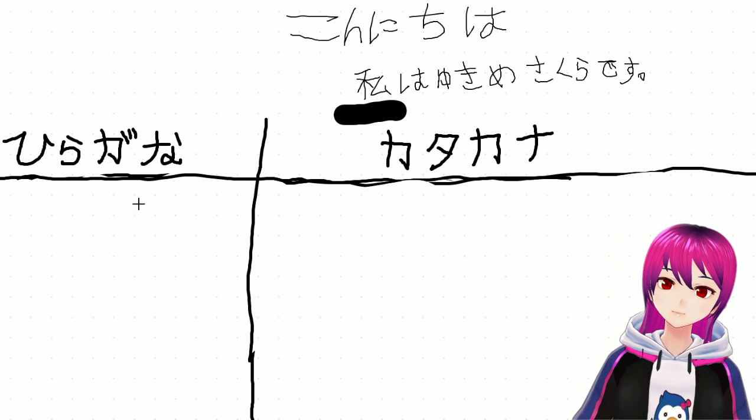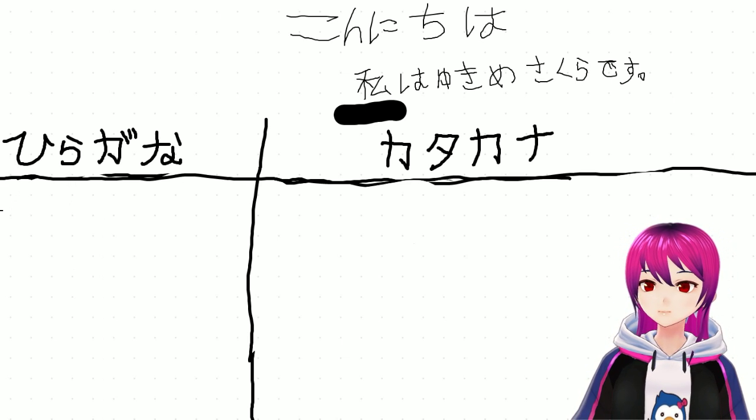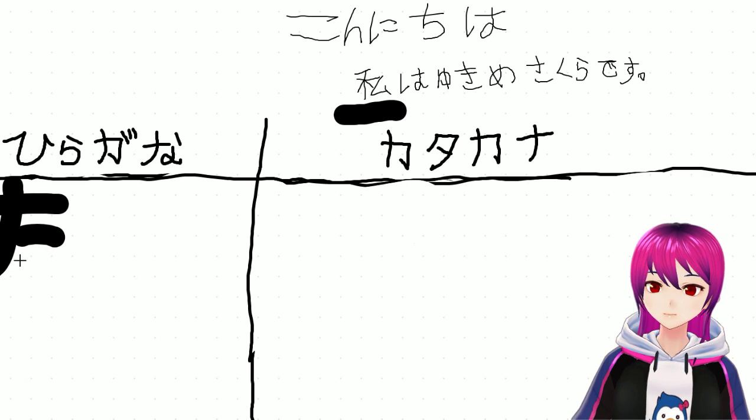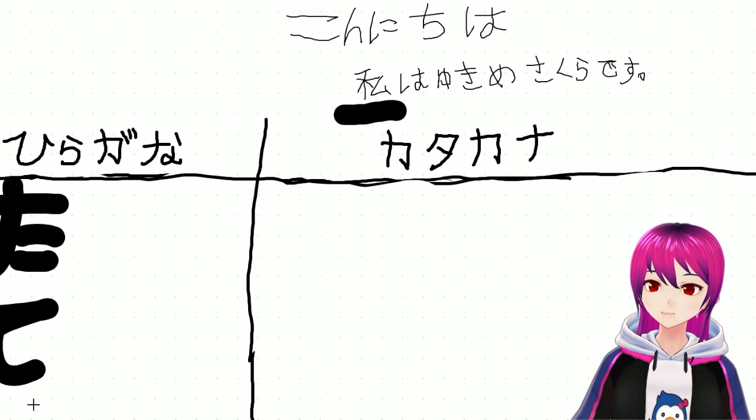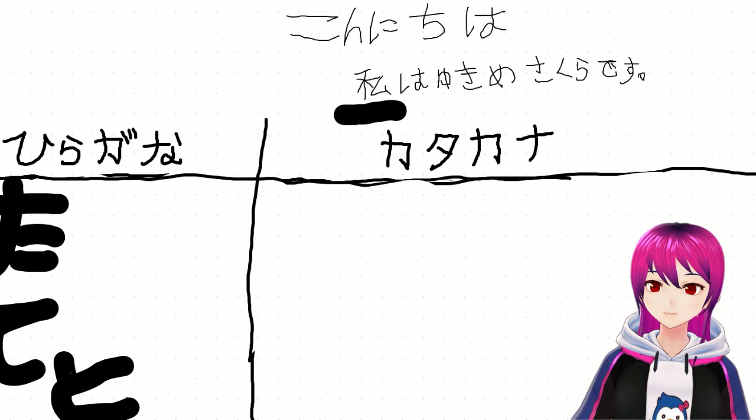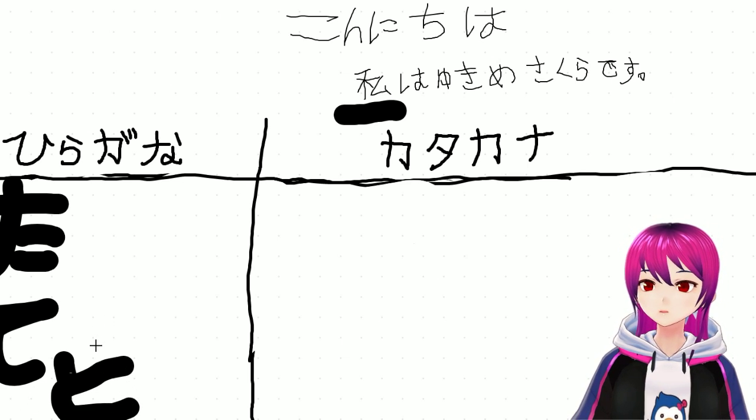Our next series, the T series, it's the tougher series. We have ta and te and to that matches what we've learned so far. A T and then a vowel.